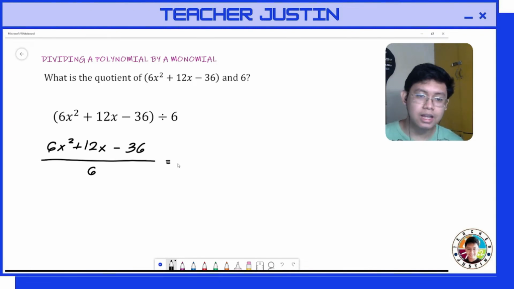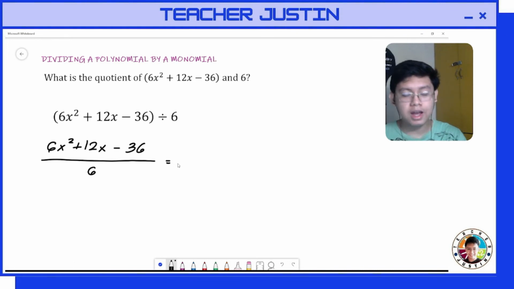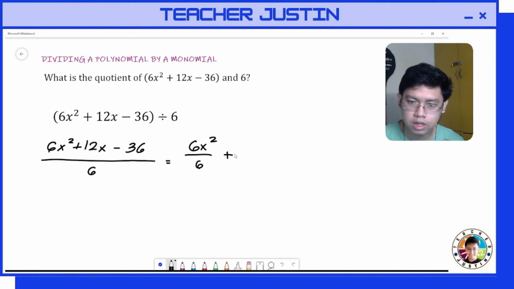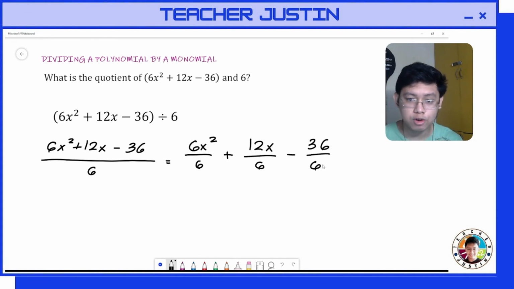In dividing a polynomial by a monomial, we will divide each term by our monomial. We will divide each term by 6. So we can rewrite this as 6x squared over 6 plus 12x over 6 minus 36 over 6. And then from there, we will simplify each term.